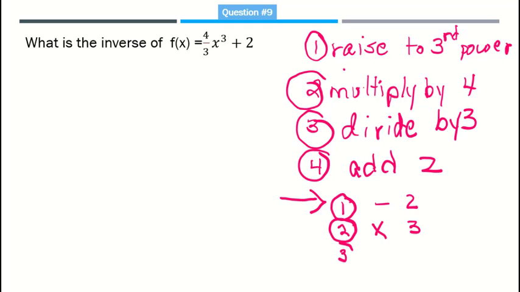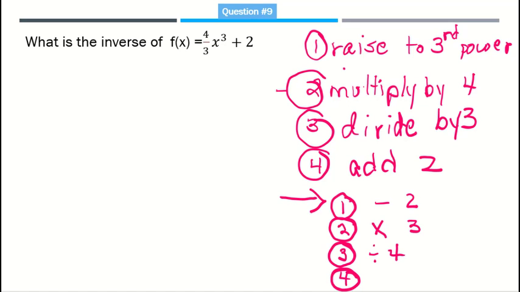Our third step is going to be to go to step number 2. Instead of multiplying by 4, we're going to divide by 4. And then our fourth step is going to be to take the cube root of your result.